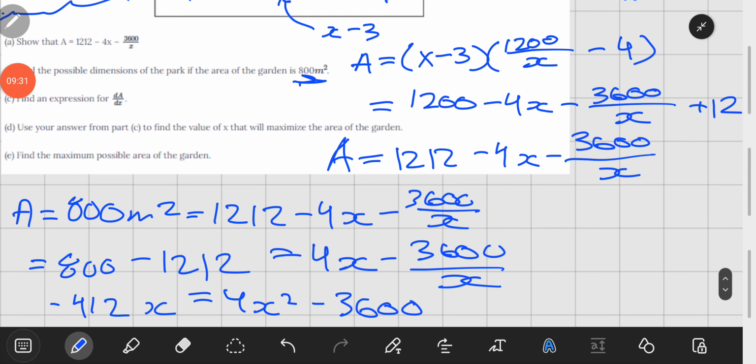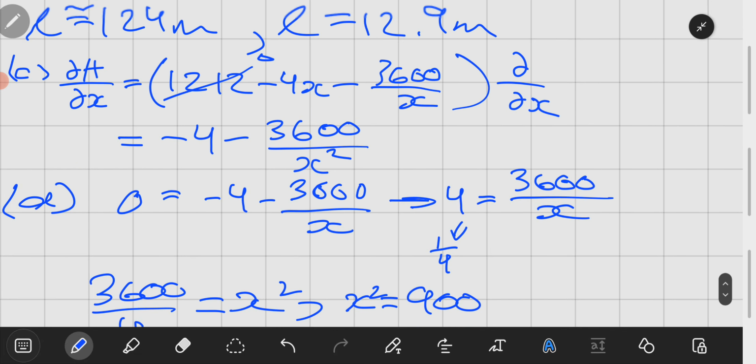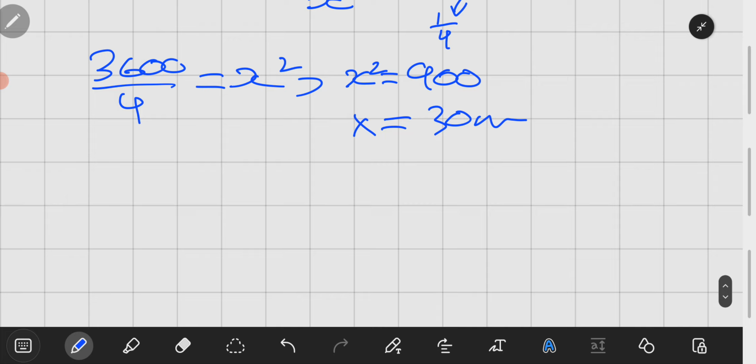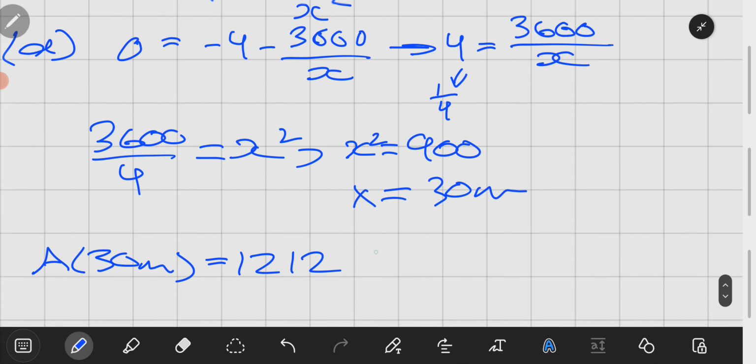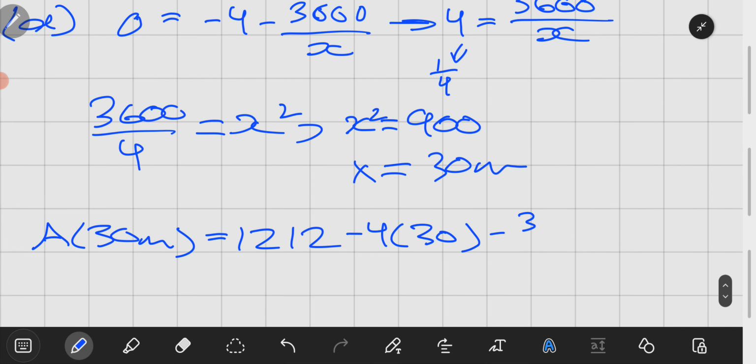And then for our final question, we're asked to find the maximum possible area of the garden. Given that we already have the side length x that will maximize the area, we just use that side length in our initial equation. So A at 30 meters is equal to 1,212 minus 4 times 30 minus 3,600 over 30 meters.